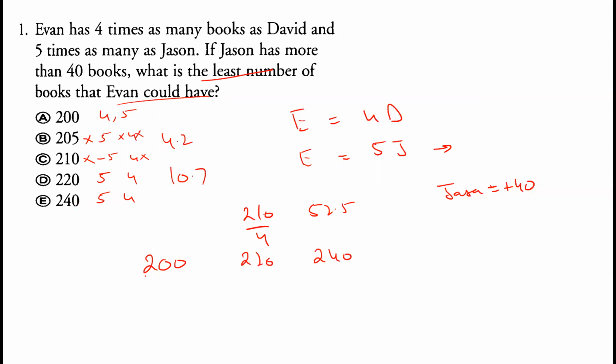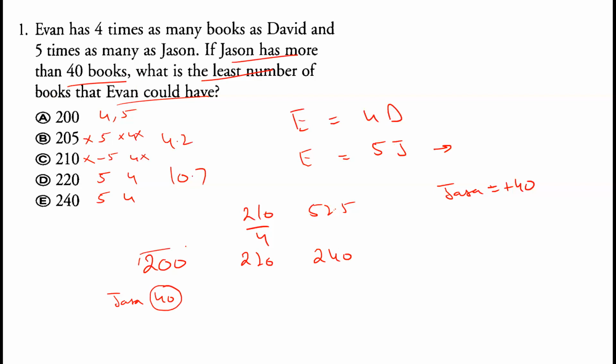Now, if Evan could have 200 books, then Jason would have 40 books, since Evan has 5 times as many as Jason. But the question says Jason has more than 40 books.